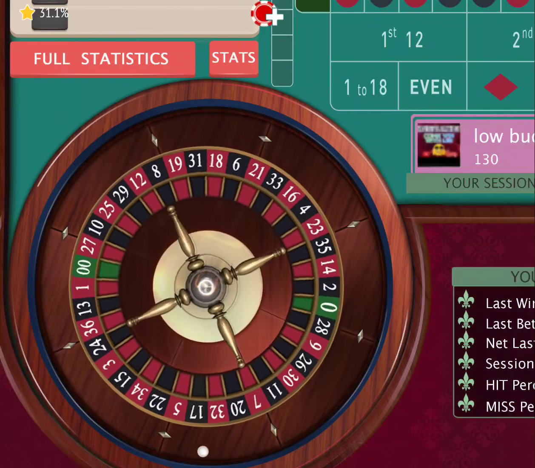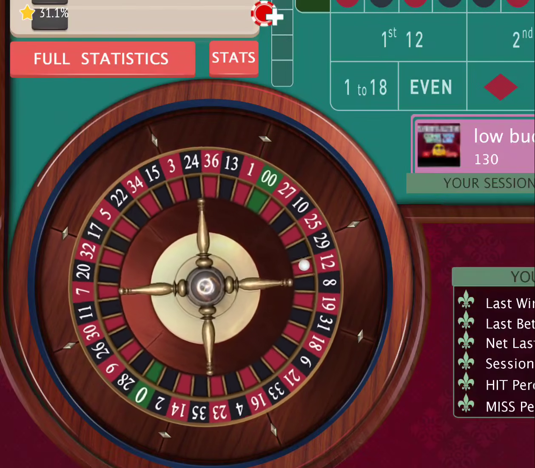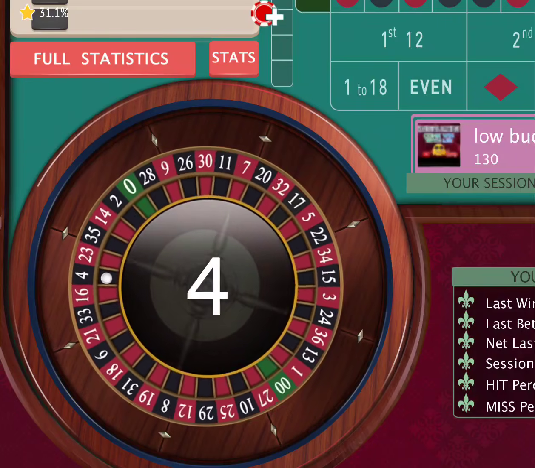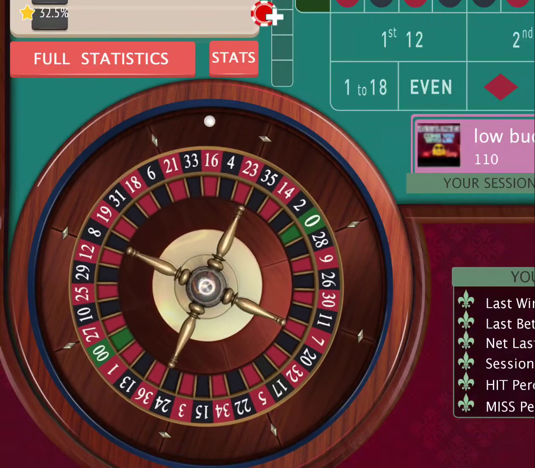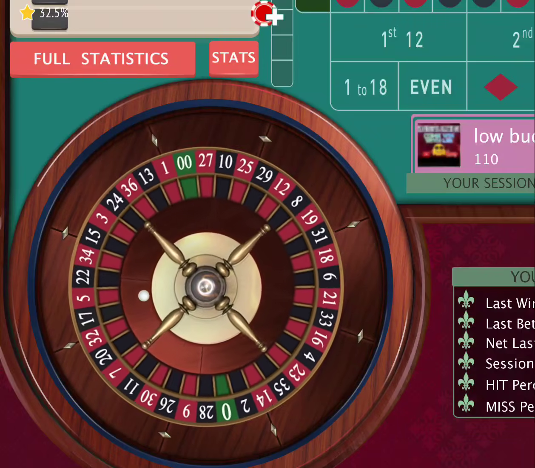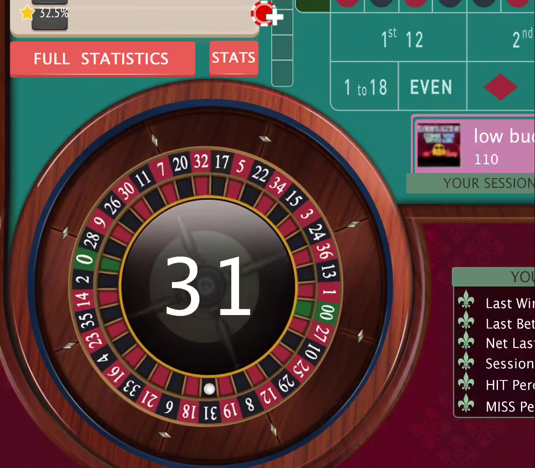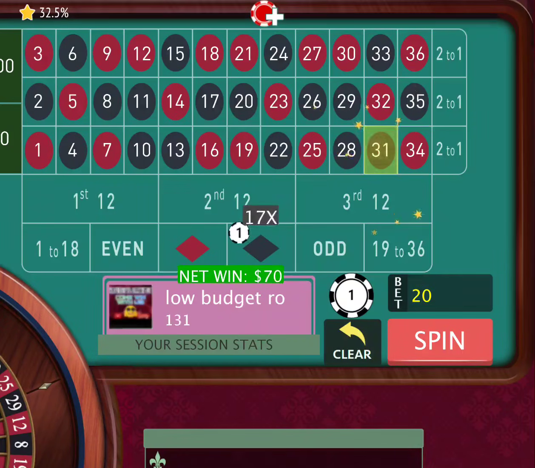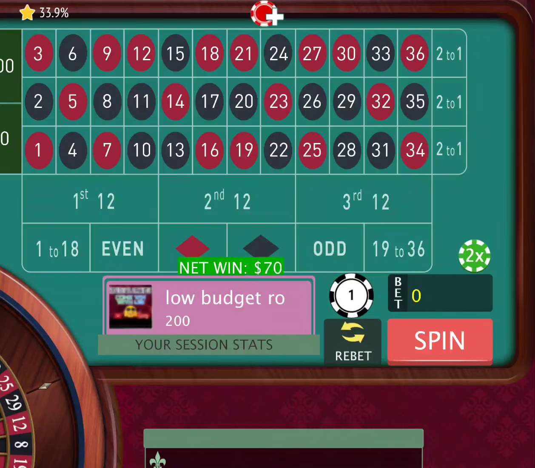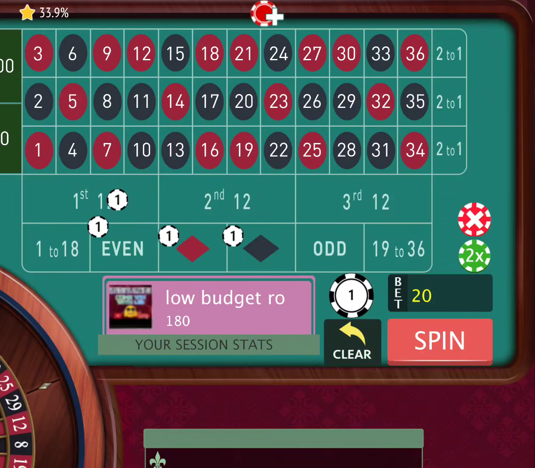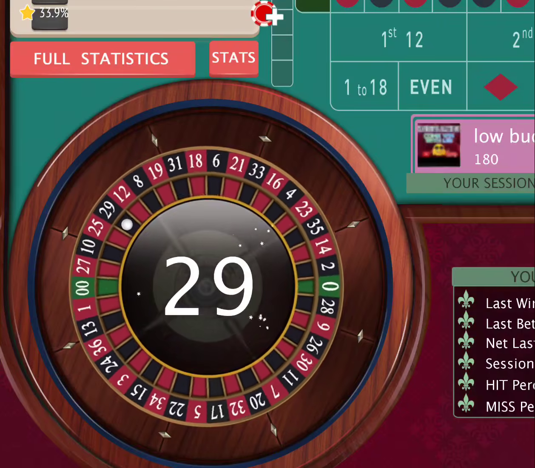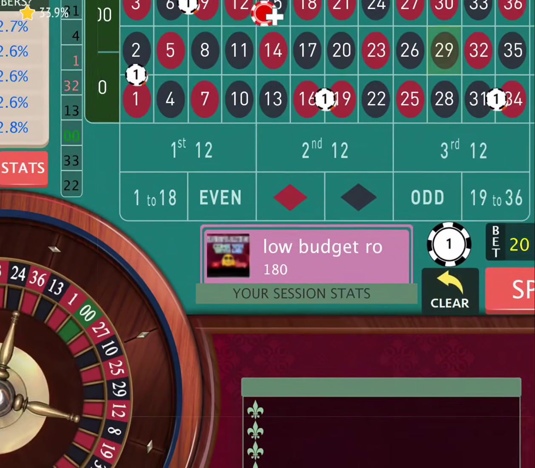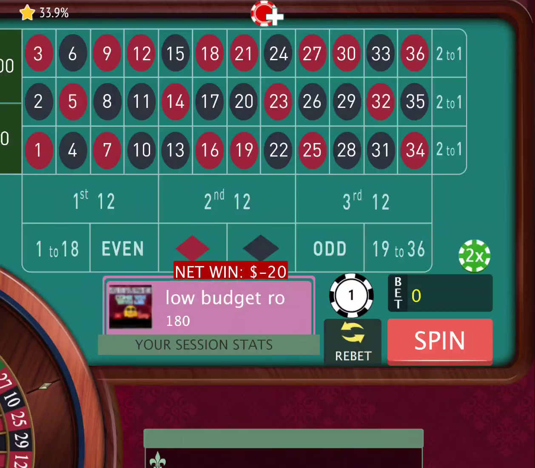Spin again. And there is the number 4 for your first miss. There's a number 31. That's another $70 return. And I'm going to spin again. There is a number 29 for your first miss.